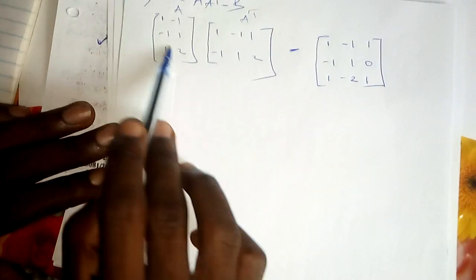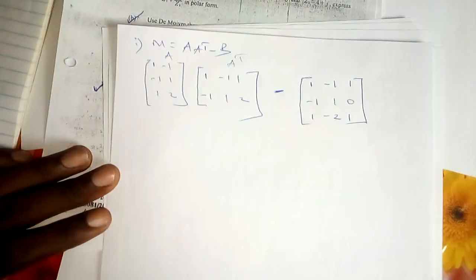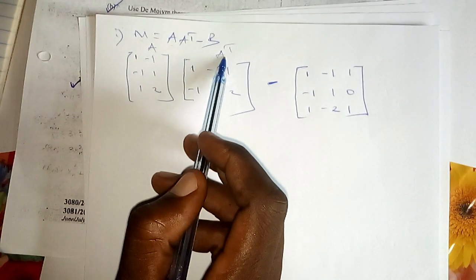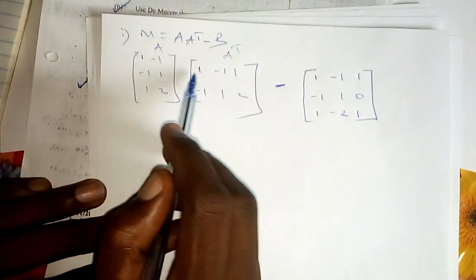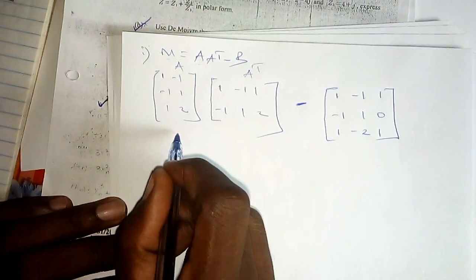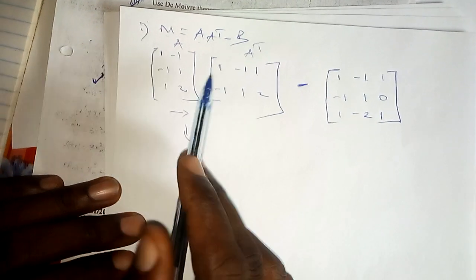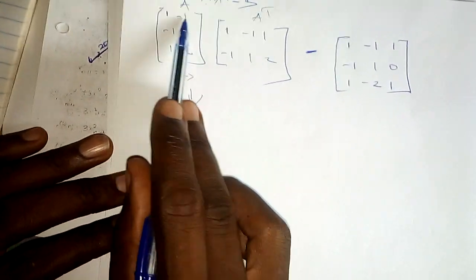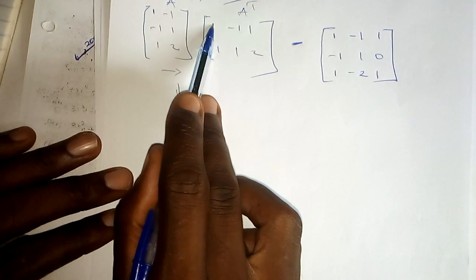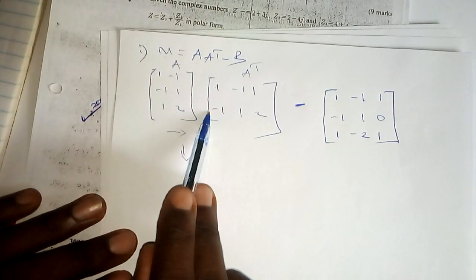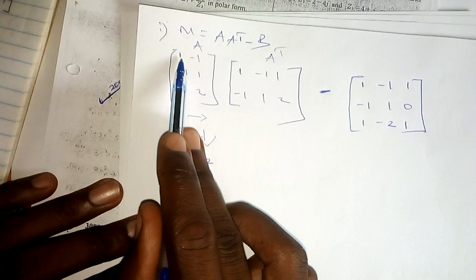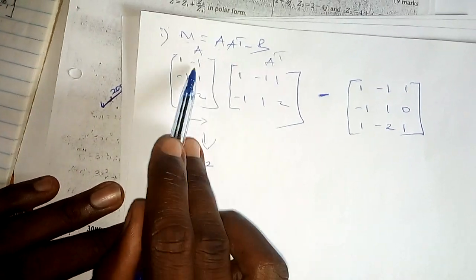Now let us start solving. We have A and this is A transpose. This is a multiplication of matrices. We normally multiply row by column. You multiply A by A transpose. So you multiply 1 by 1 plus negative 1 by negative 1, which will be 2. What about 1 by negative 1 and negative 1 by 1?